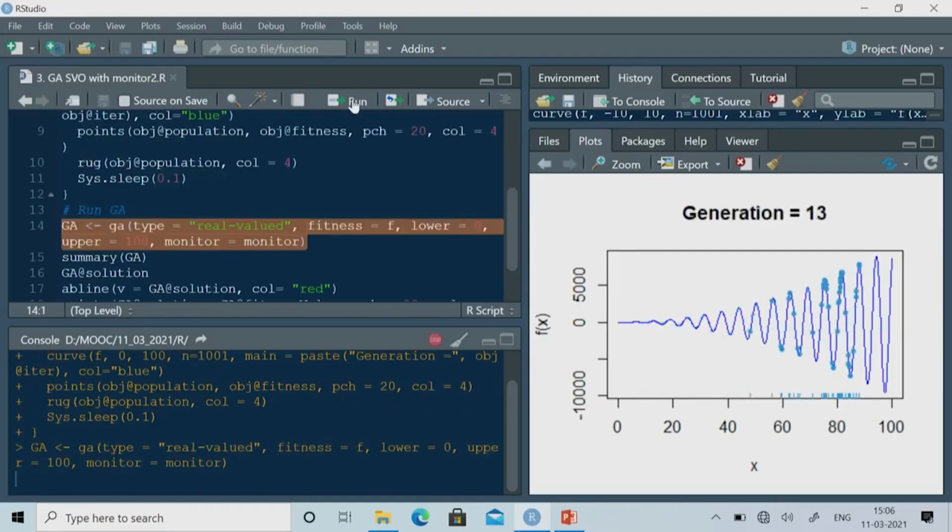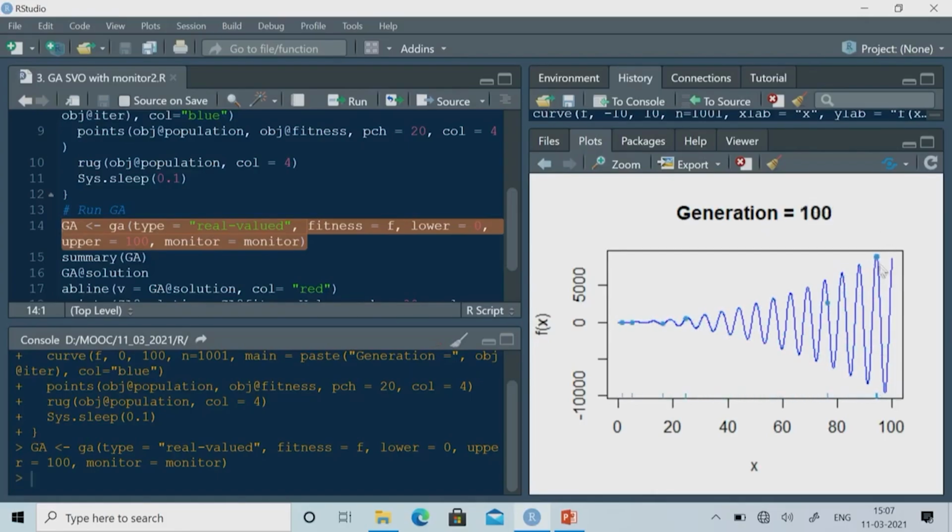You can see that initially the populations were between the upper bound and lower bound, and with the progress of iterations, that is with the generations, all these solutions are converging at the global maxima.